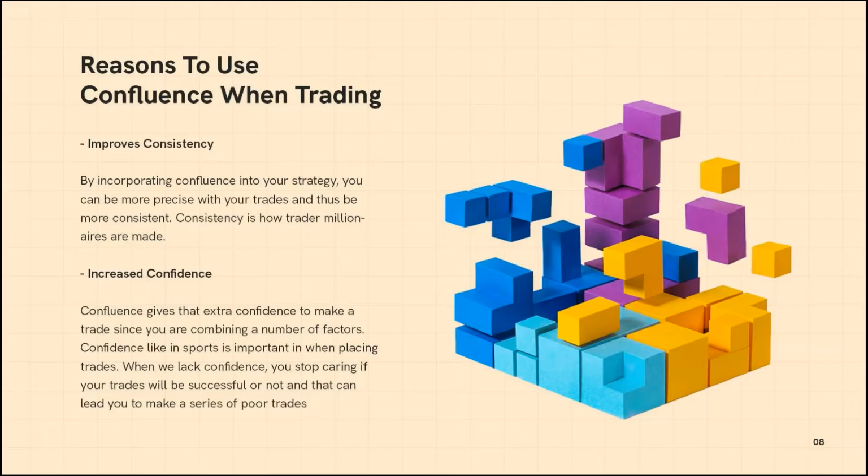Now, number one, it improves consistency. By incorporating confluence into your strategy, you can be more precise with your trades and be more consistent. Consistency is how trader millionaires are made.